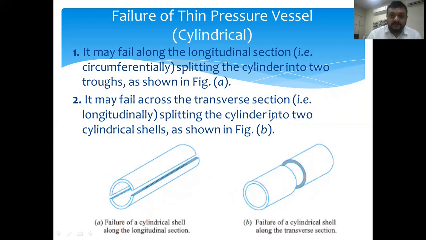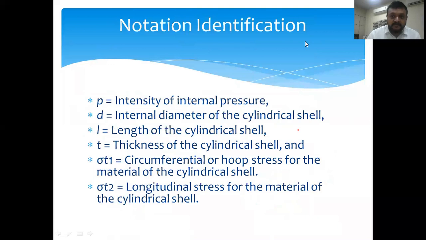Okay, so now we have to see the equations for designing such kind of pressure vessels. Before that, you have to keep in mind the notation. P is the intensity of the pressure, D is the diameter of the shell, L is the length of the cylindrical shell, T is the thickness of the cylindrical shell, and sigma T1 is the circumferential stress, or hoop stress.